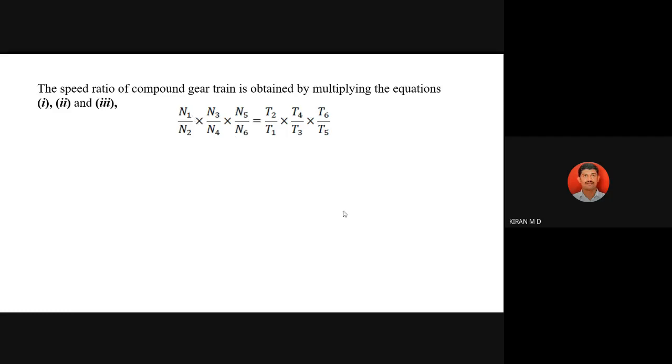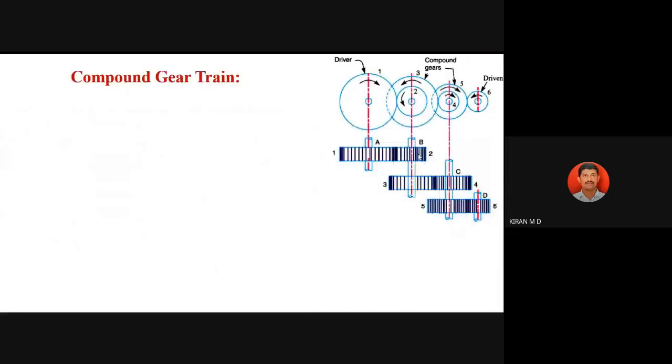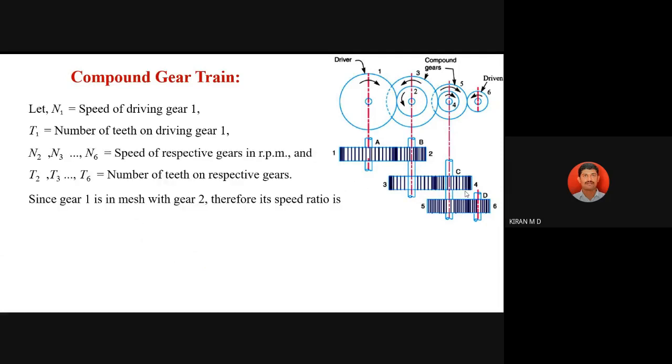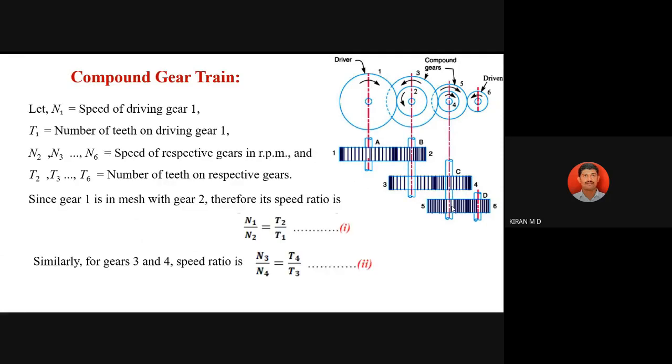Now see here, gears 2 and 3 are mounted on the same shaft, and gears 4 and 5 are mounted on the same shaft. So the speed of gear 2 is equal to the speed of gear 3, and similarly the speed of gear 4 is equal to the speed of gear 5.